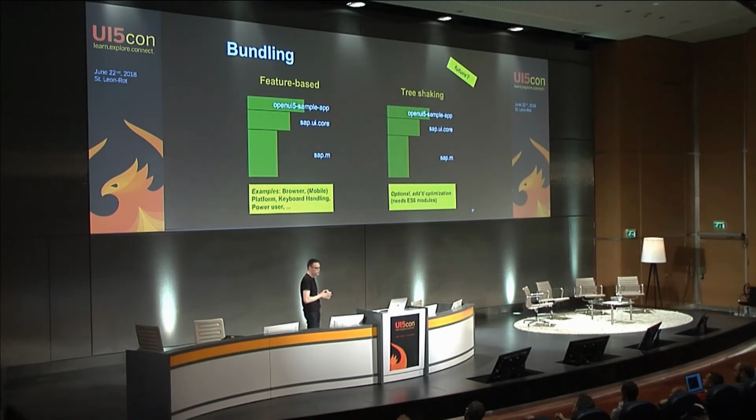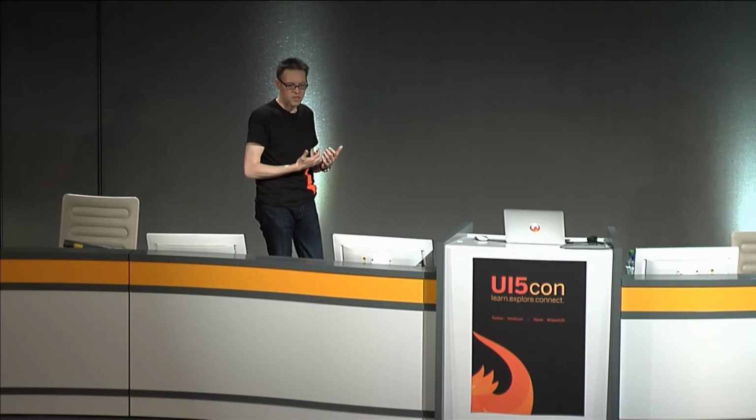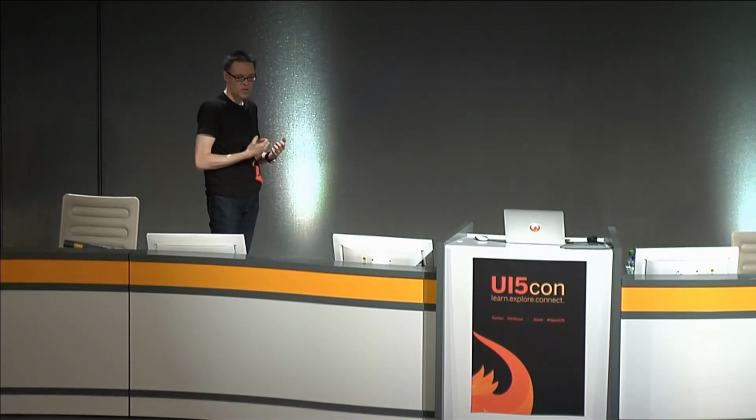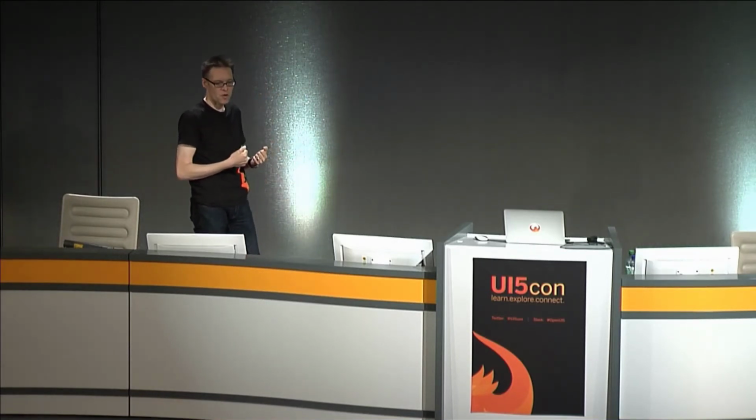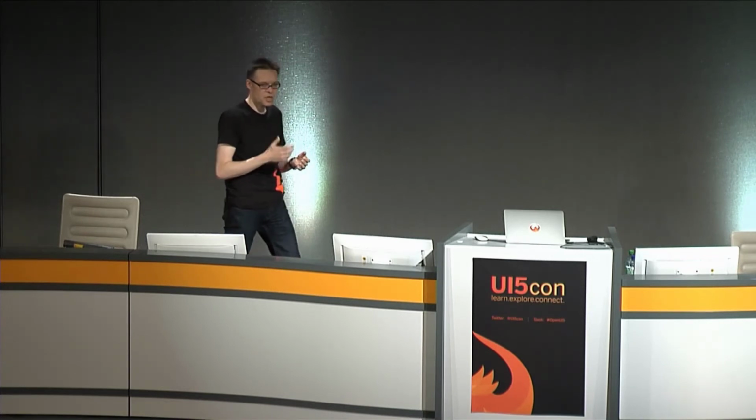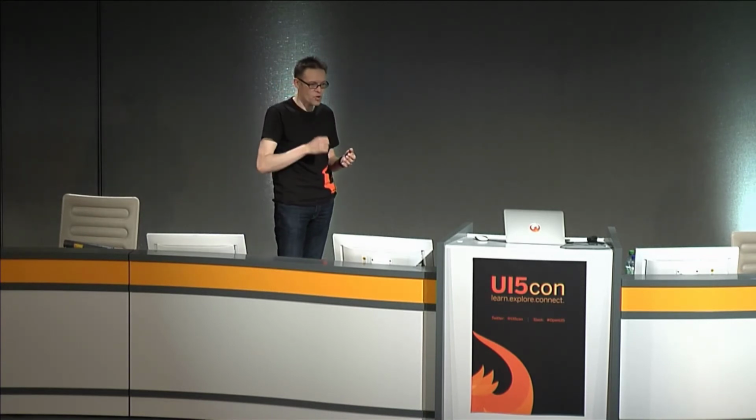Just to mention something that goes in a similar direction but is out of reach right now for us because it needs ES6 modules. That's built-in ways to even reduce code further. That goes by the name tree shaking, so many of you might have heard about that. It basically has the effect of dead code elimination, but it works the other way around.